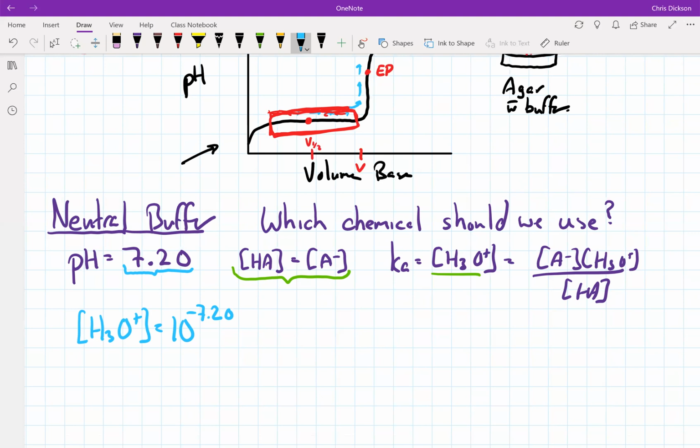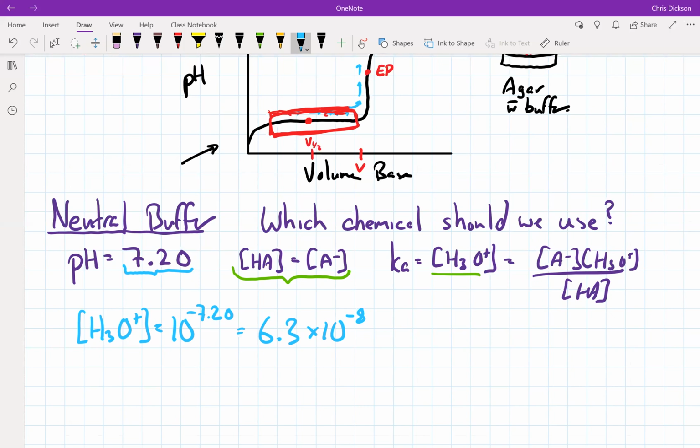So if I do that, 10 raised to the negative 7.2, I'm going to switch over to scientific mode here. That gives me a value of about 6.3 times 10 to the minus 8. So what chemical should I use then?